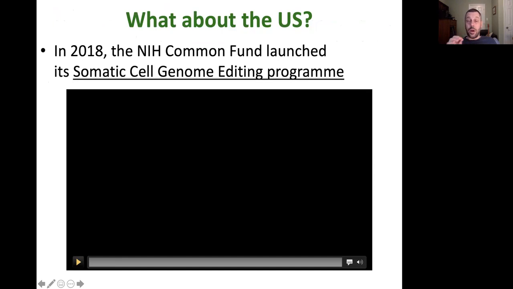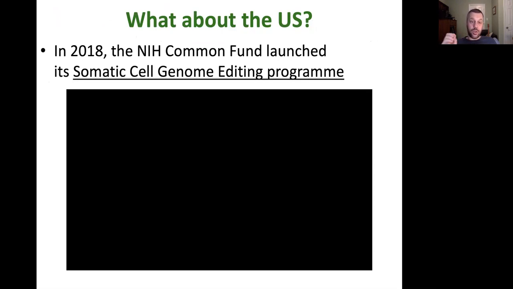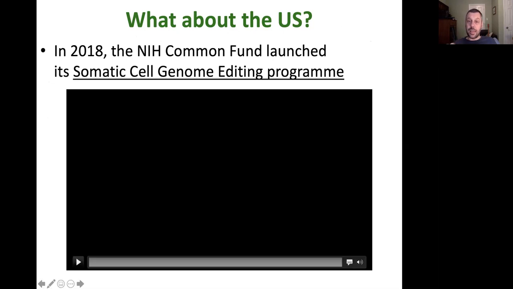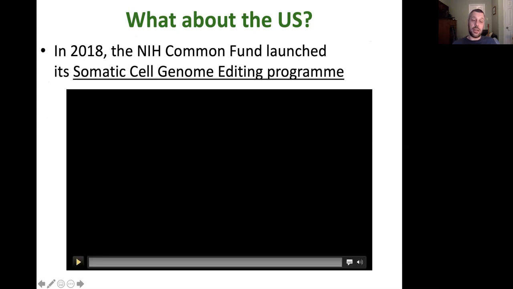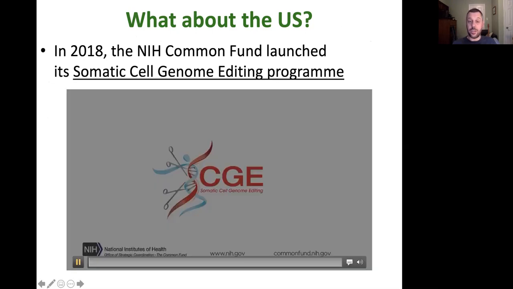So essentially what the NIH has done is created this thing that's called the Somatic Cell Genome Editing program. Note the word somatic. In other words, we're not going to edit any germ cells, so any CRISPR-based changes we make in DNA will be limited to the somatic cells and not the germ cells. So it can't be passed on to new generations.